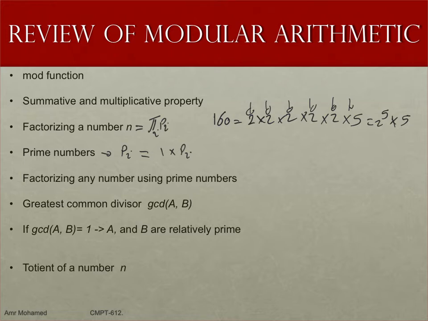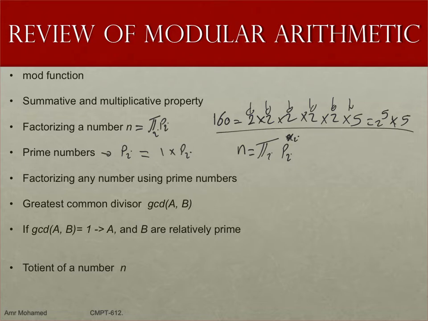It turns out the theory is that any number n can be factorized using a set of prime numbers to the power, let's say, xi. That's what we typically do when we factorize a number.